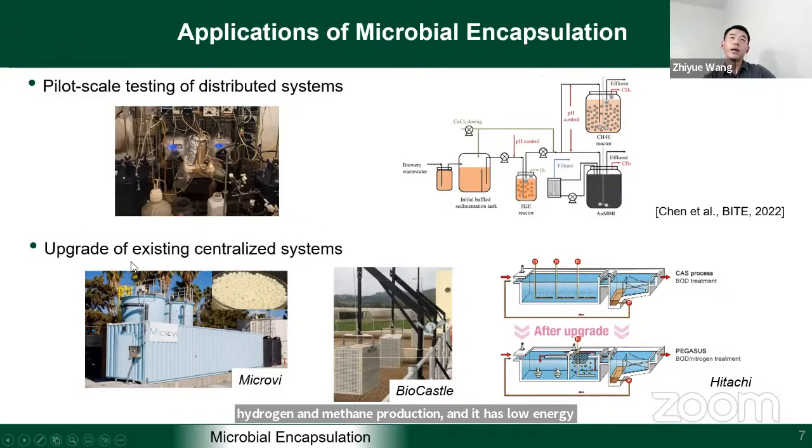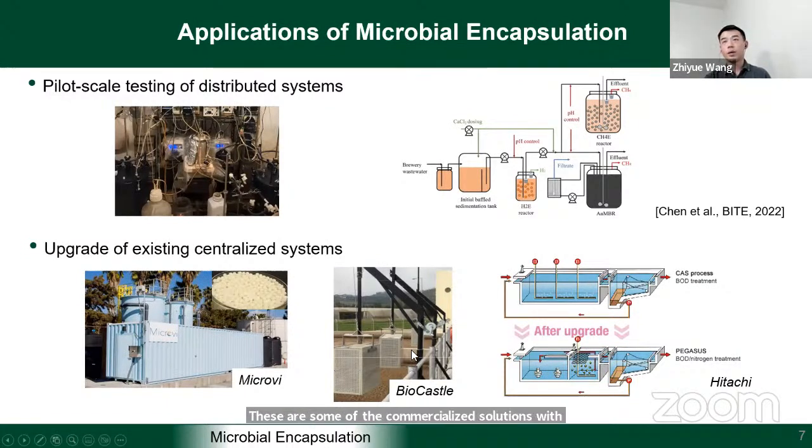On the other side, microbial encapsulation can also be used to upgrade existing centralized systems, such as drinking water polishing for Micro-V from California. These are some of the commercialized solutions with microbial encapsulation.